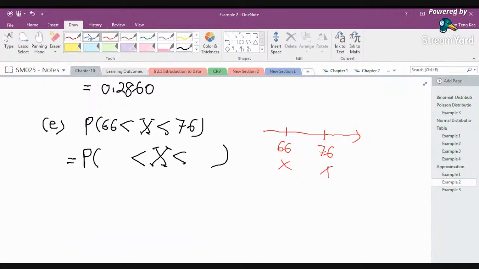So that means I will consider the interval somewhere inside here, somewhere on the right of 66 and somewhere on the left of 76, which will be 66.5 and 75.5.